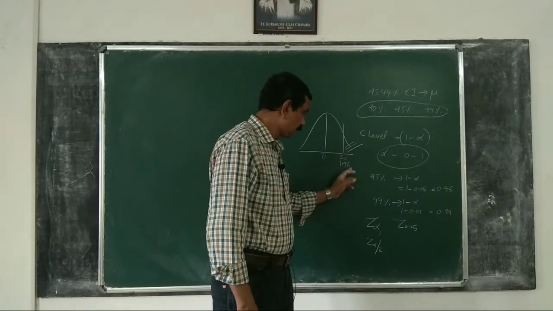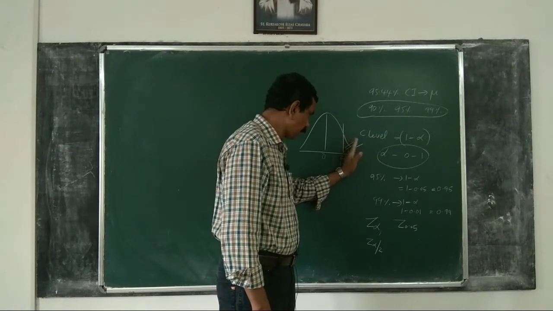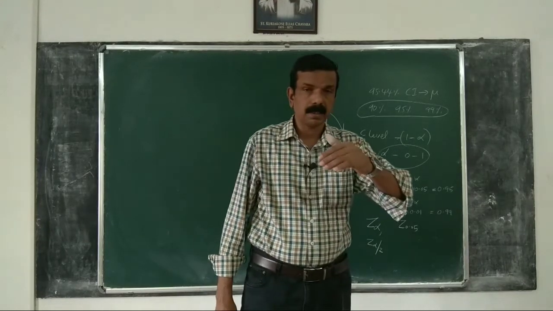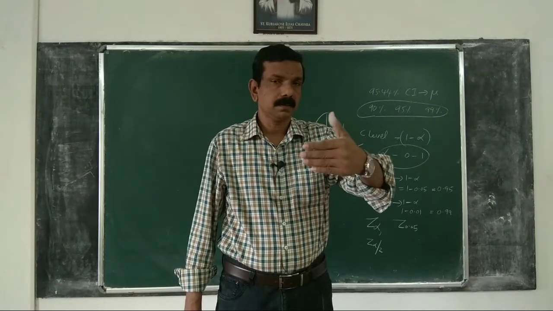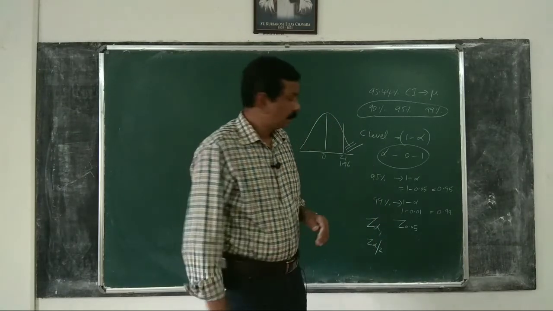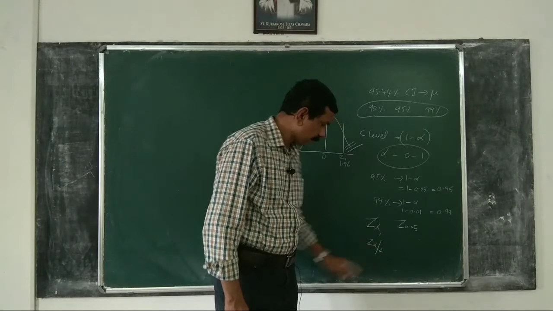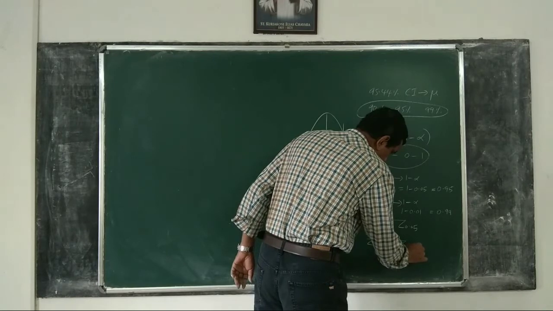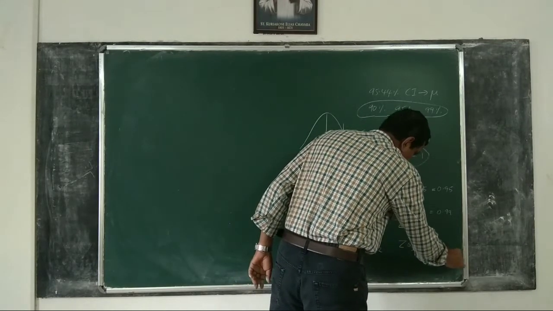So Z alpha means an area equal to alpha, say 0.05 or 0.1, 0.005, etc., to the right. Say if alpha is 5%, Z alpha by 2 is equal to Z 0.025.